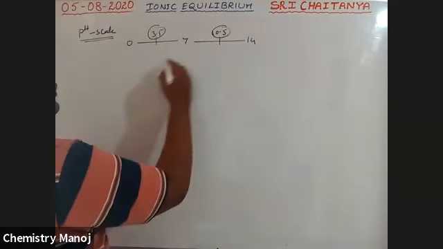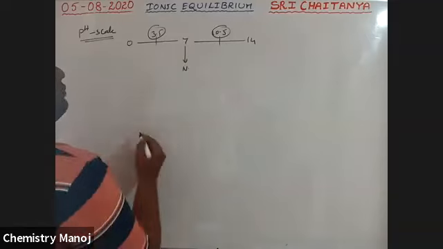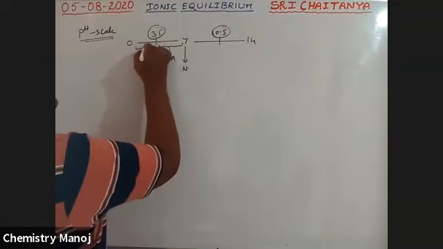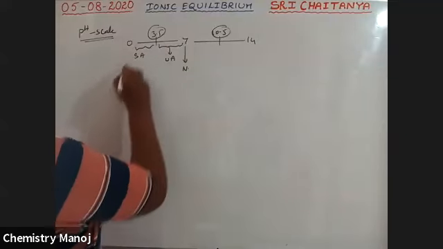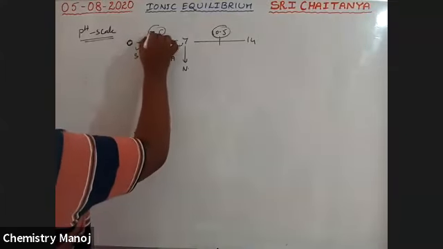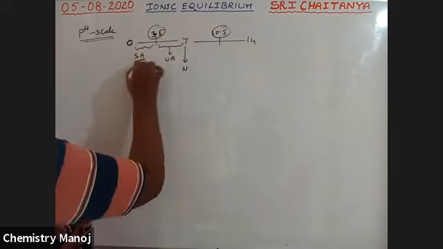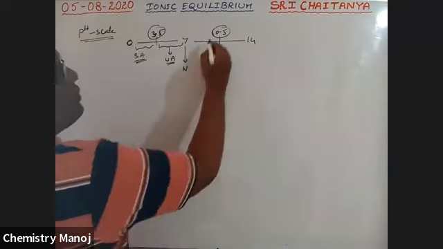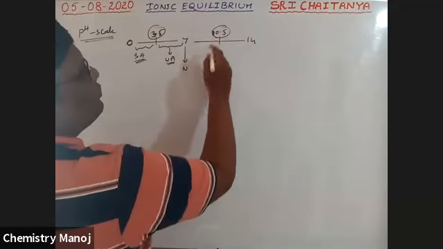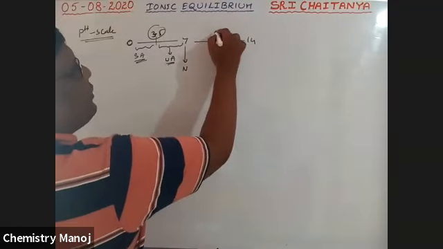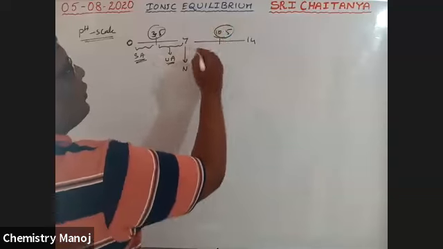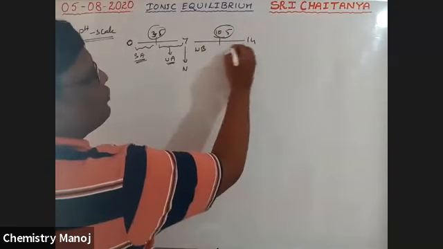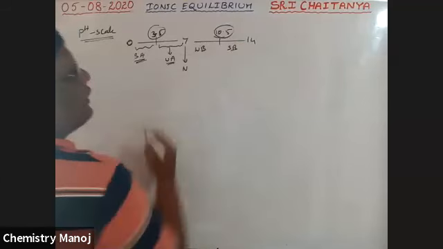At 7 it is neutral. So pH value 0 to 3.5 is considered strong acidic, and 3.5 to 7 is weak acidic. If pH value is in between 7 and 10.5, it is weak basic, and 10.5 to 14 is strong basic.